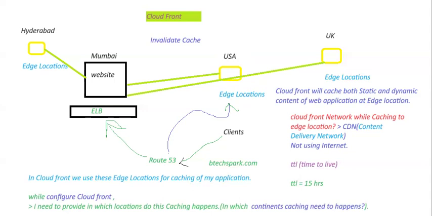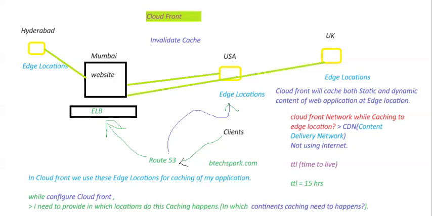So this is how CloudFront distributes the traffic, by using which network? Content delivery network. And how much time will it hold the data at edge locations?